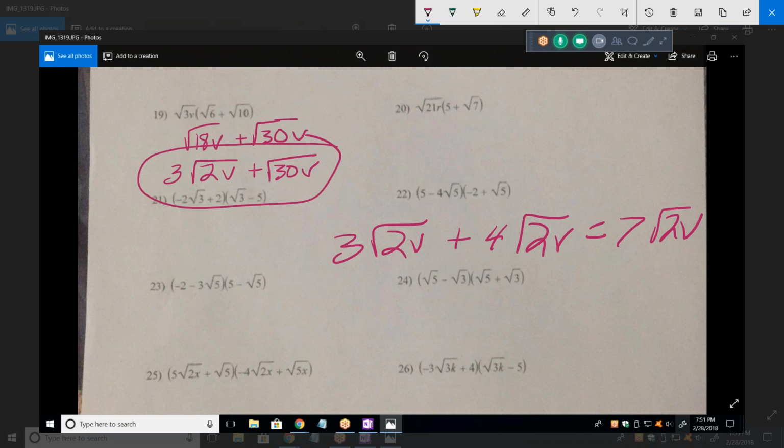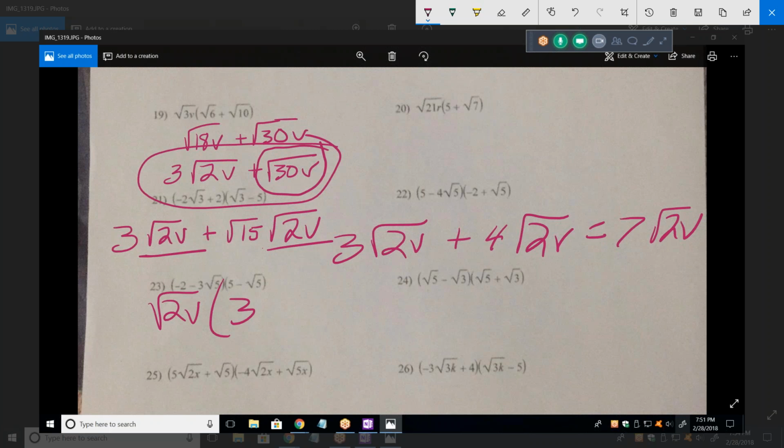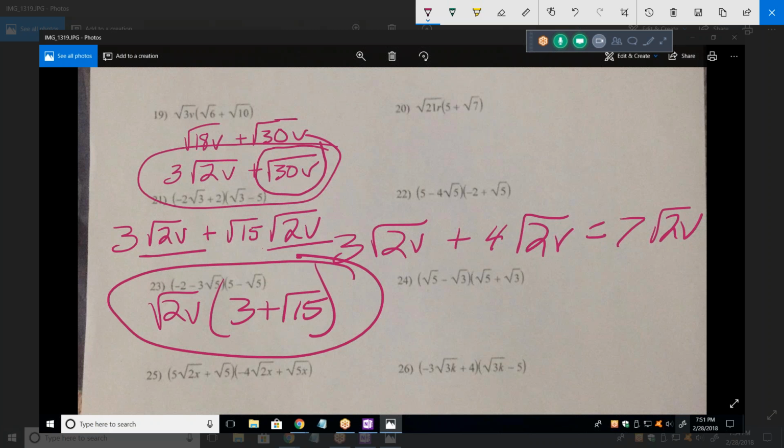In other words, notice what that turns into. So now you got a square root of 2v there, a square root of 2v there. So factor out the square root of 2v, and you're left with 3 plus root 15. Again, a factored answer, but not necessarily a simpler answer.